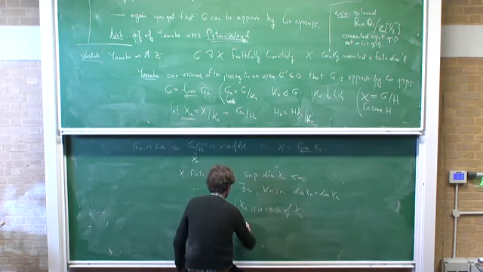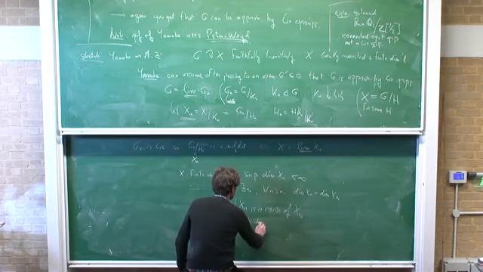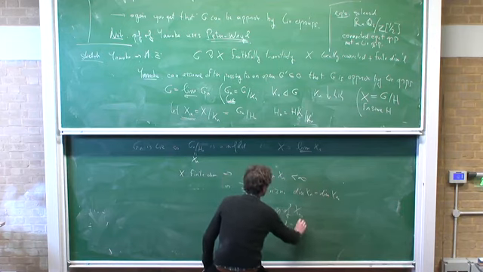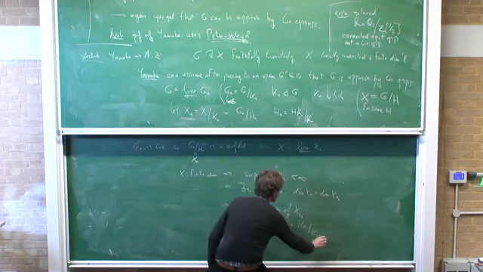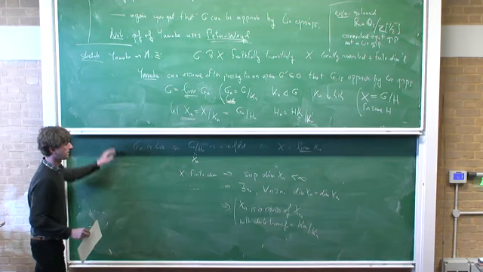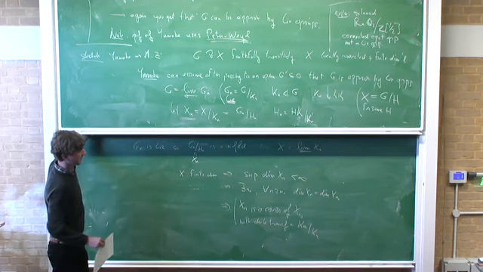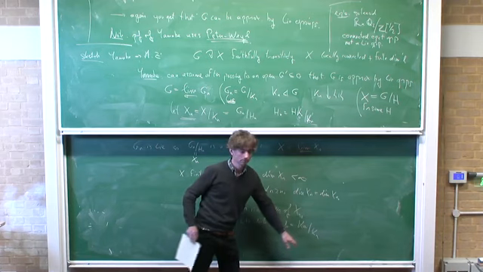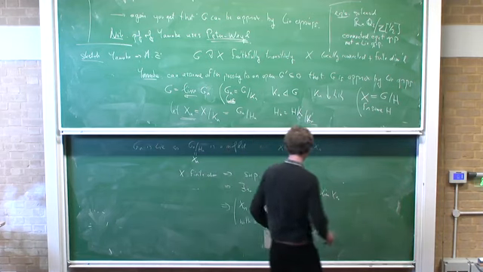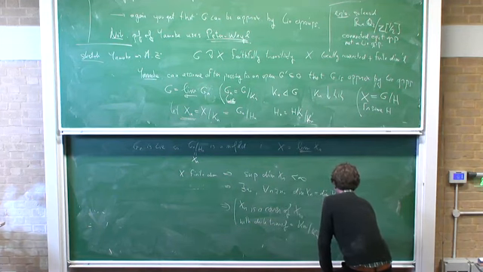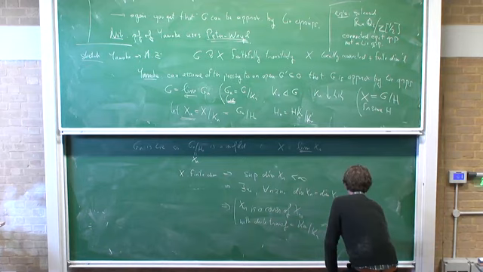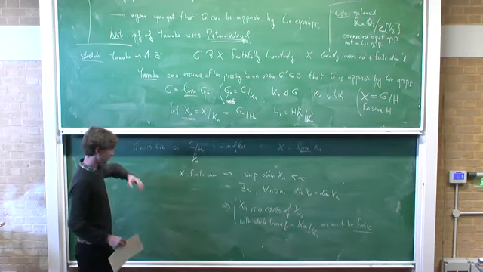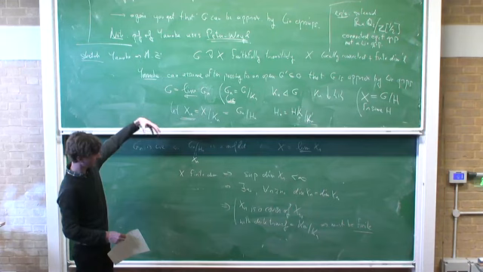And the group of deck transformations is basically Kn naught over Kn. And so this Kn naught, because that's compact, so it must be finite. Okay, so you have this tower of covers, finite covers of Xn naught.